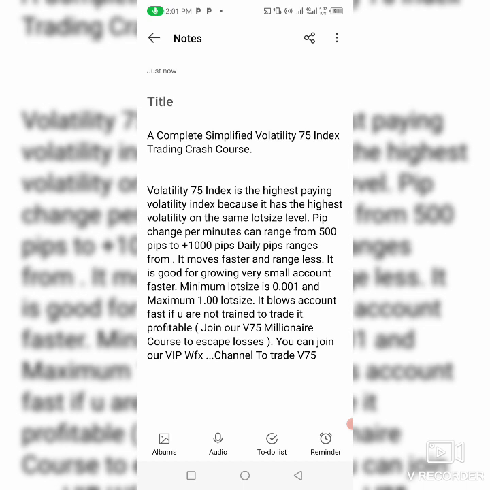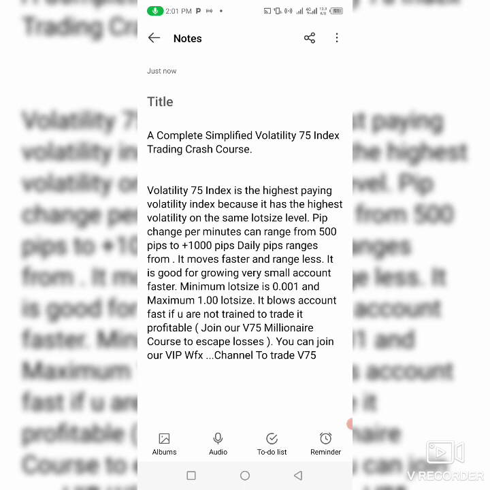Volatility 75 index is the highest paying volatility index because it has the highest volatility on the same lot size level. So if you trade other volatility indices with the same lot size, let's say volatility 100 index or volatility 25 index, using one lot size, you discover that volatility 75 will have the highest change in pips, the highest change in price.